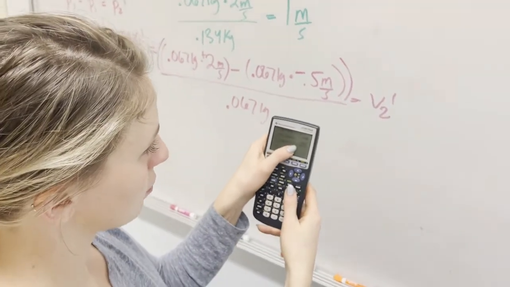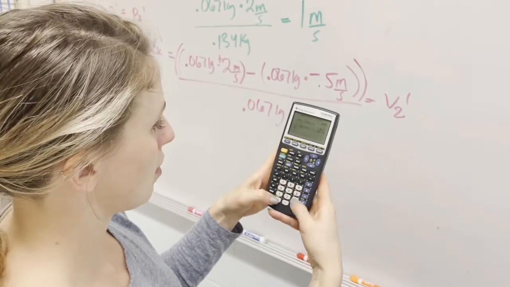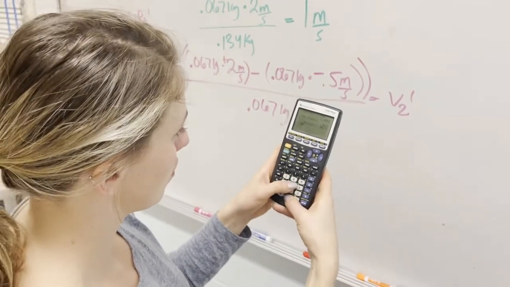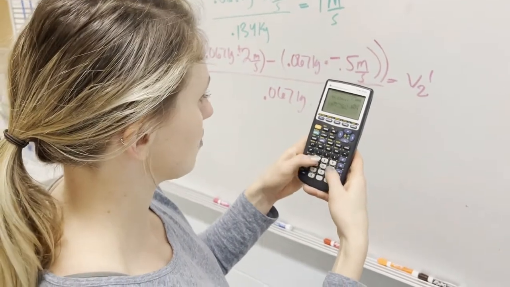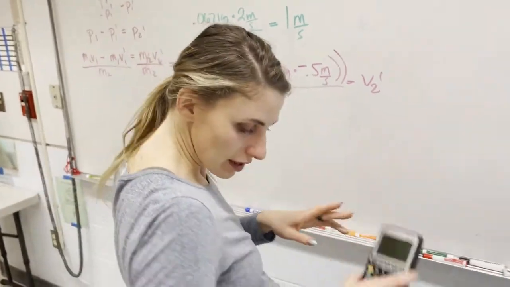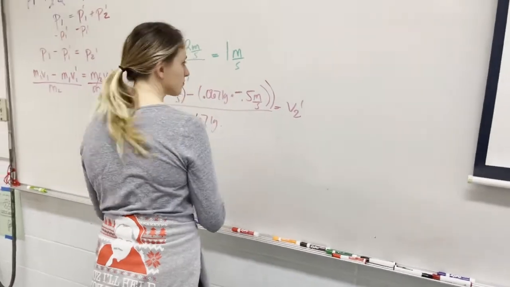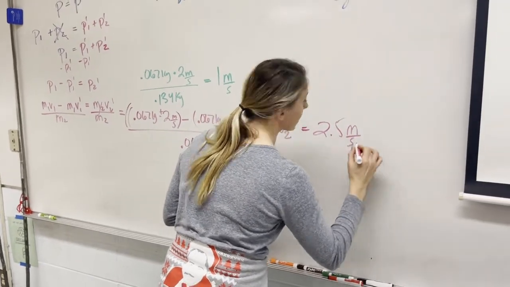Parenthesis minus parenthesis 0.067 times a negative 0.5, double parentheses, divide by 0.067, and we get 2.5. That number makes sense. 2.5 meters per second.